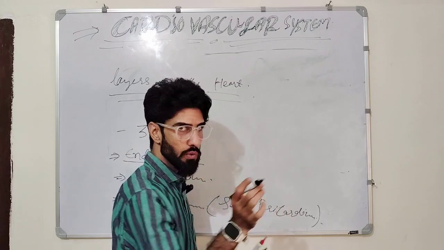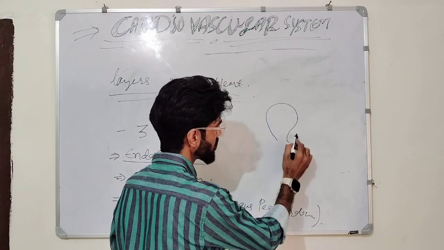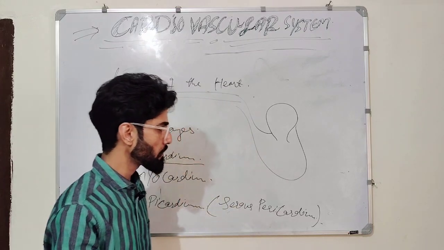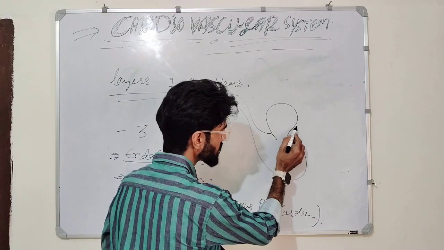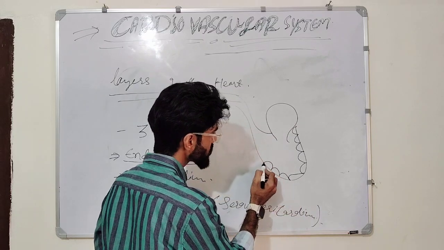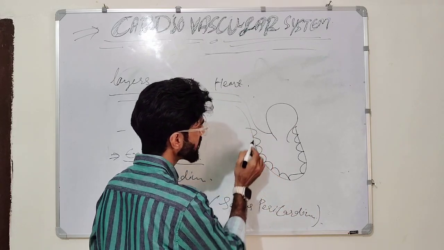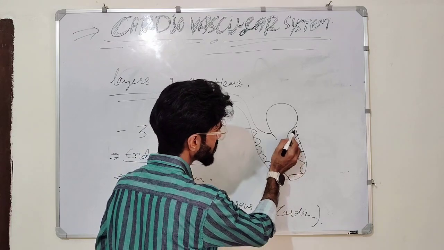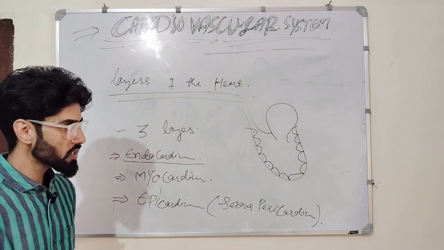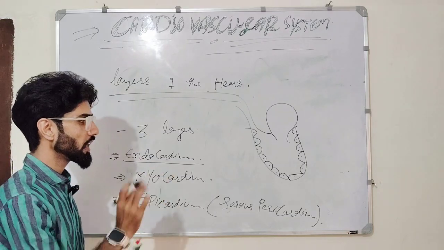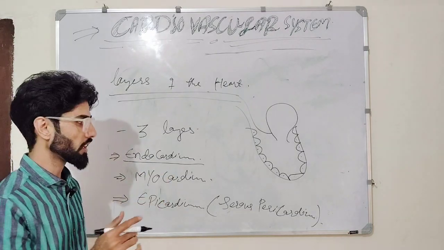Suppose I will draw a left heart here. Suppose this is your histology of the heart. I will teach that in the next lecture. For now, you should know the layers, then I will teach you the histology and the cellular diagram of the endocardium, myocardium and pericardium.